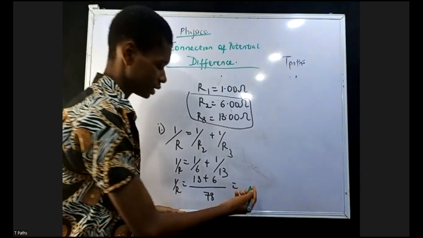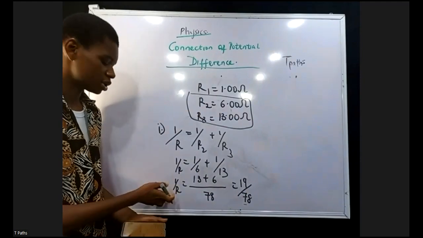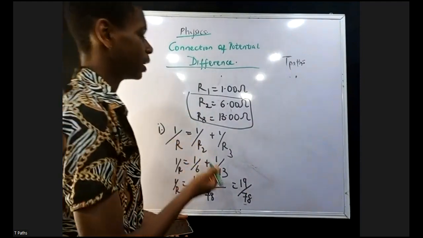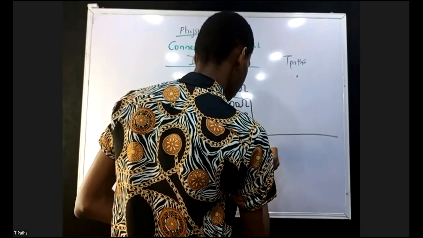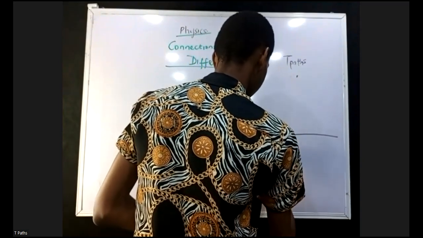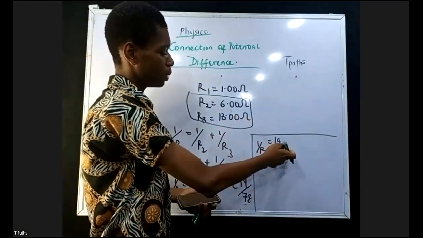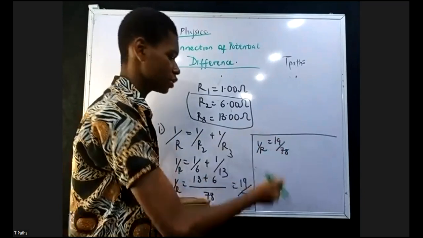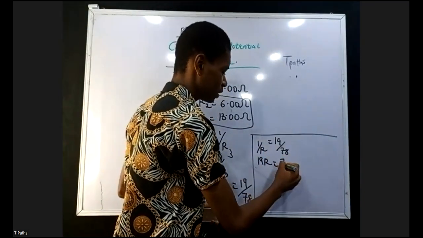So 19 over 78. Now I'm not done because my equivalent resistance is R, not 1 over R. So 1 over R is equal to 19 over 78. I'm going to cross multiply, so I'll have 19R equals 78 times 1, which is 78.